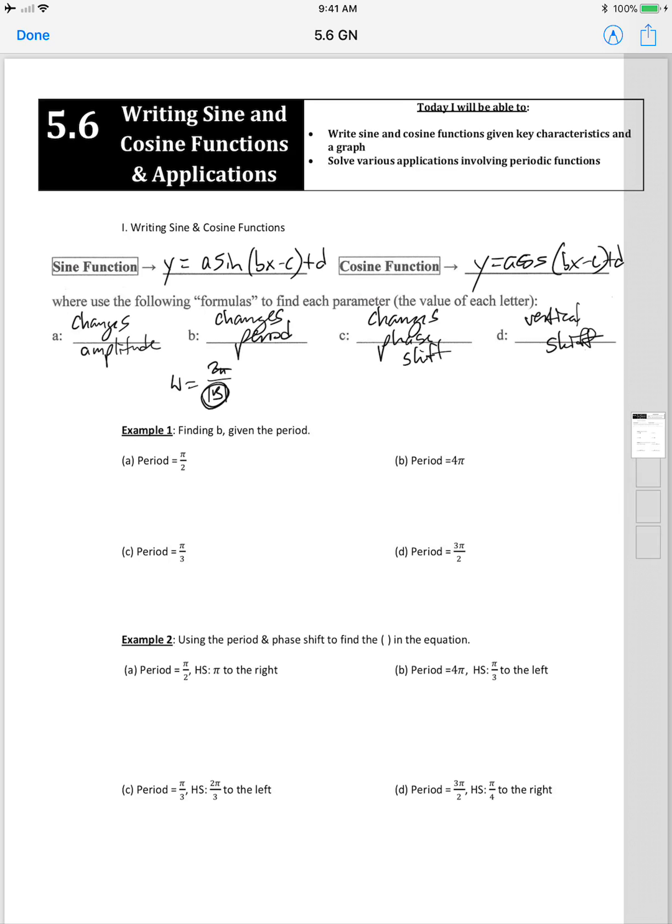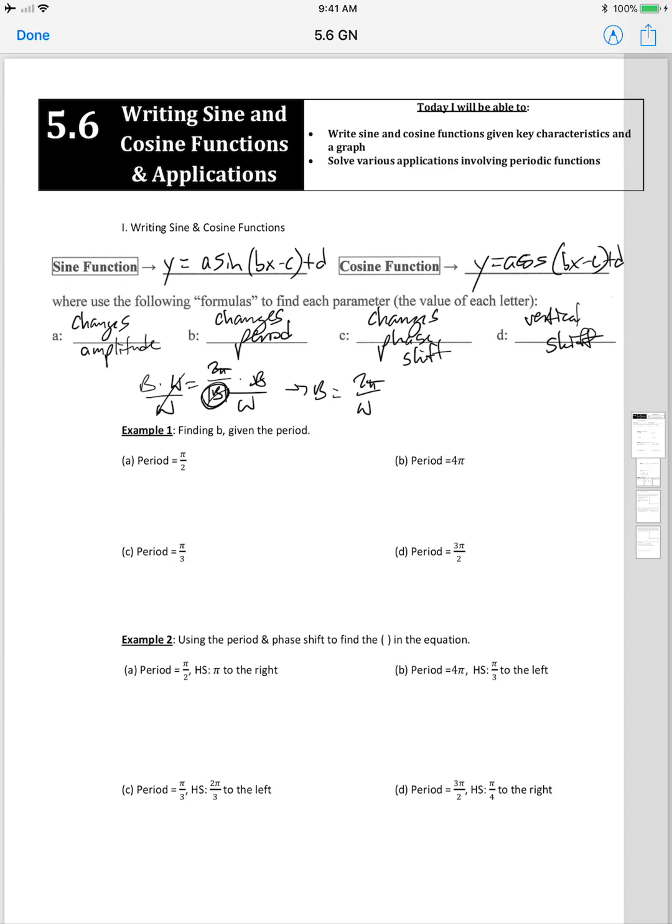If I want to solve for B, I multiply both sides by B and divide both sides by omega. So my formula for B is 2 pi over the period, omega. So that's going to be helpful.